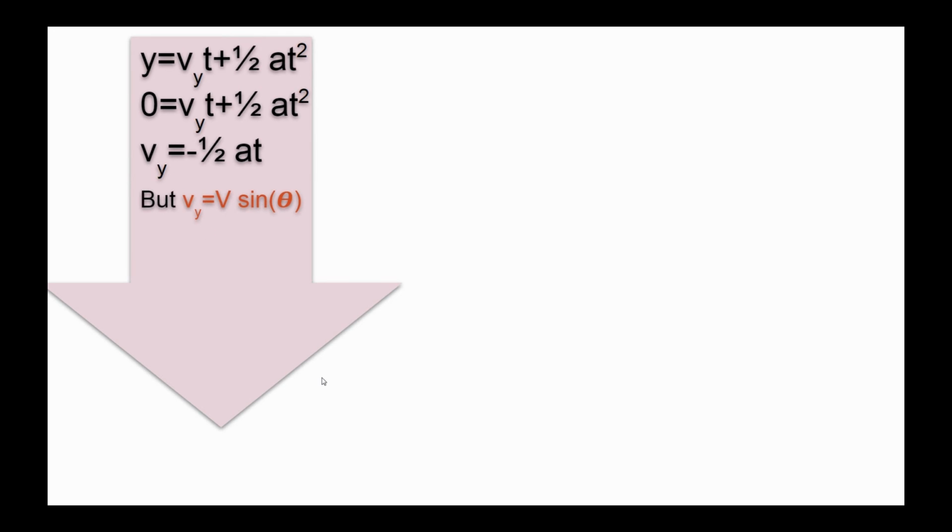But we know an expression for Vy. We know that Vy is related to the full velocity by the sine of the angle that we don't know. So the best we can do now is get to this part here. We can say V sine theta is equal to 1/2 AT.